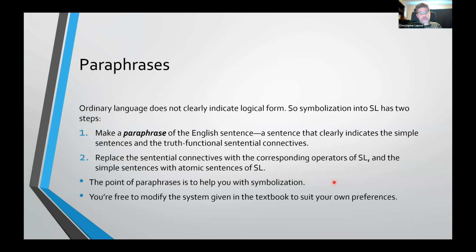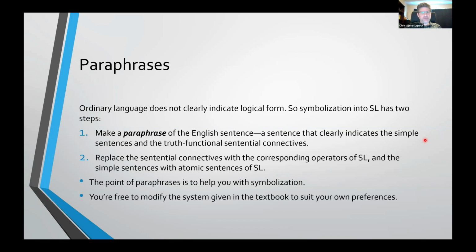There's another textbook, for example, that we worked with for a while at Athabasca, where the paraphrasing system was actually the opposite. This method has you go through, identify the logical form first, identify the truth functional sentential connectives, standardize all of those, and then do the symbolization.